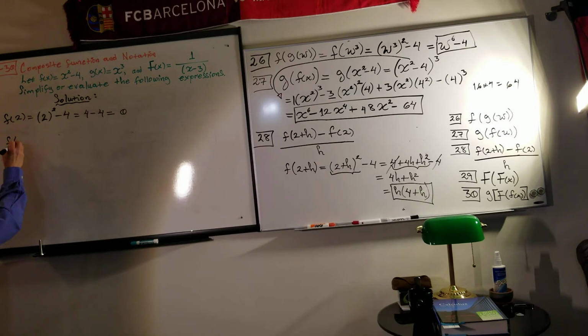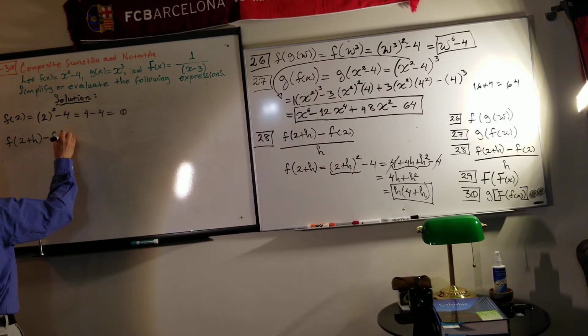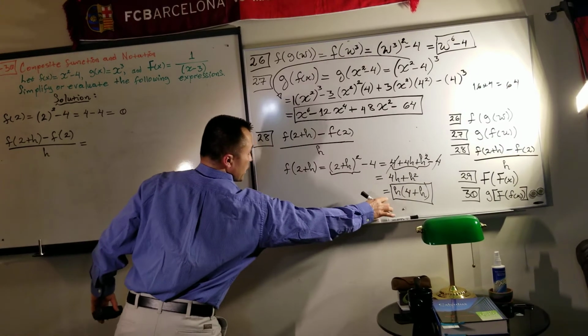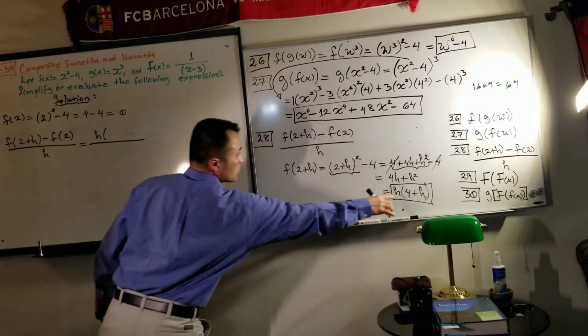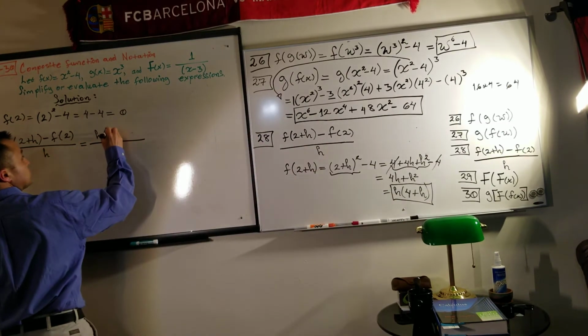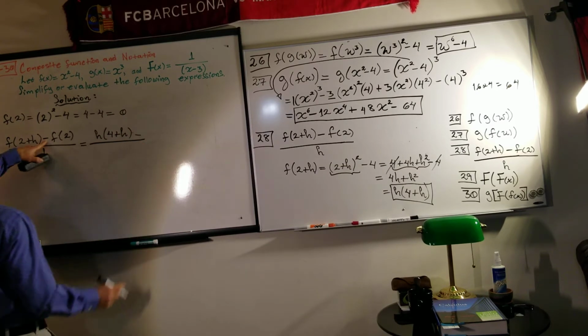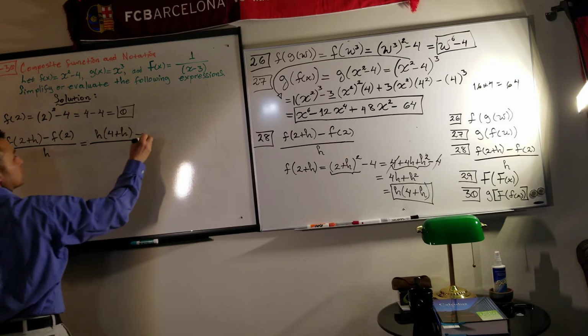F of 2 plus h minus f of 2, divided by h. And this is going to be equal to f of 2 plus h, that is h times the factor of 4 plus h, minus f of 2, that is 0, right?